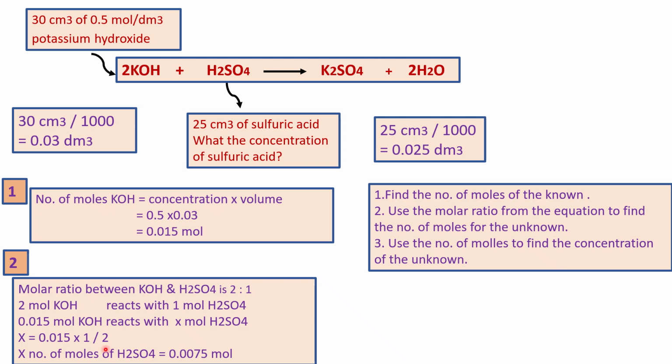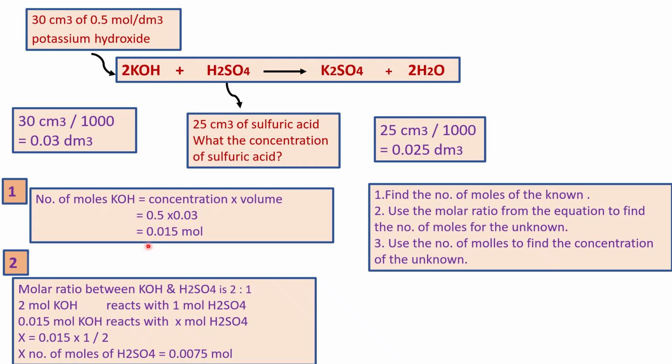Now the molar ratio between potassium hydroxide and sulfuric acid is 2 moles of potassium hydroxide to 1 mole of sulfuric acid. So we put that 2 moles of potassium hydroxide reacts with 1 mole of sulfuric acid.